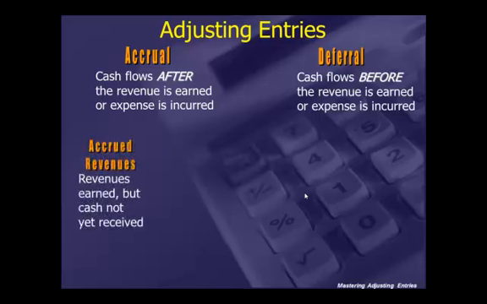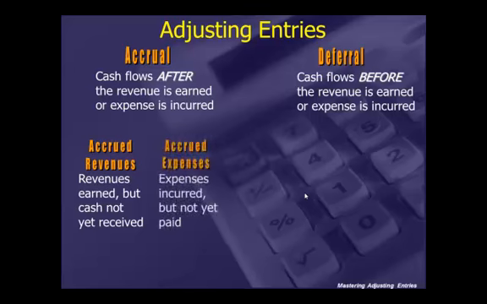All right, we have accrued revenues, revenues that are earned, but the cash is not yet received. Accrued expenses, the expenses are incurred but not yet paid. So with an accrual, which is a type of adjusting entry, cash comes after, AA. Cash is after with an accrual.